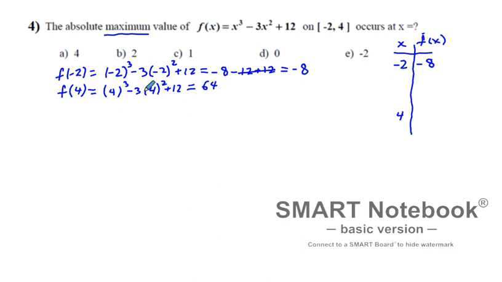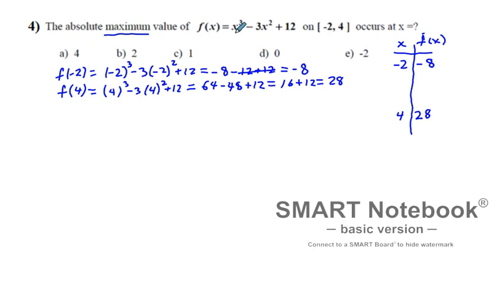And then minus 3 times 4 squared, well, 4 squared is 16 times 3, so minus 48 plus 12. 64 minus 48 is 16. So it's 16 plus 12 equals 28. So 28 is our value here.